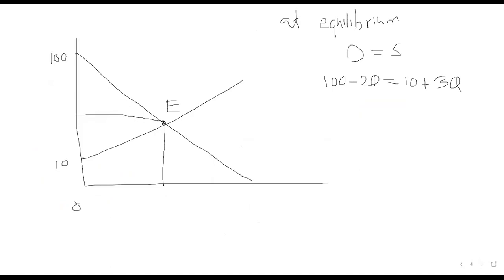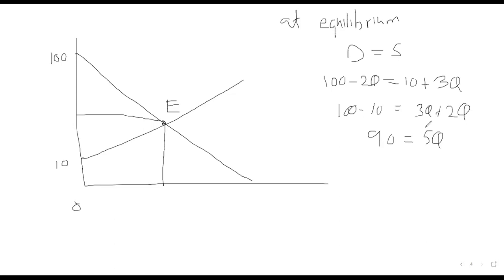So 100 minus 10, like terms there, equals 3Q plus 2Q. Let's evaluate here. What do we get? 90. And here what do we get? 5Q. All right.